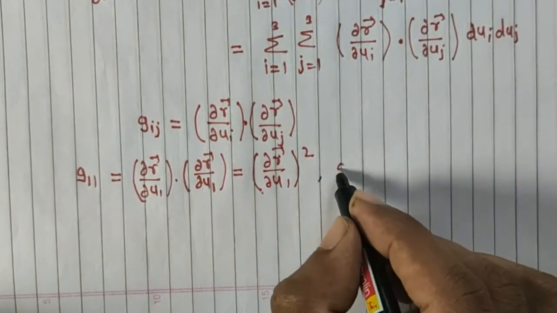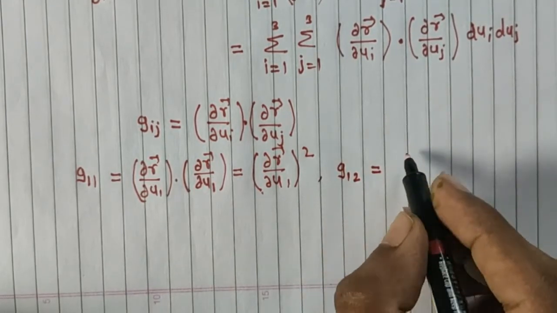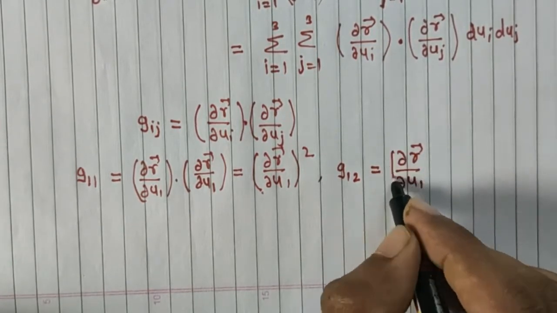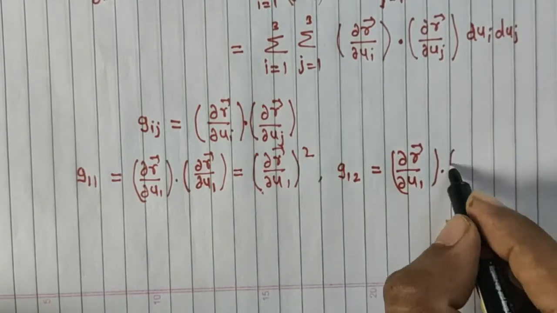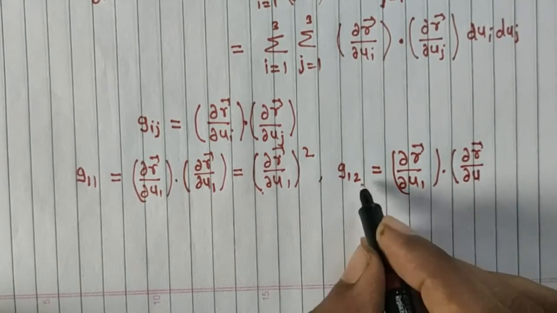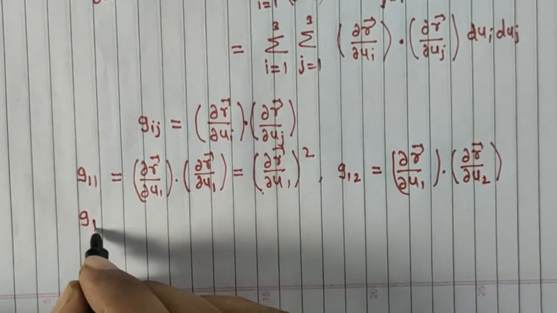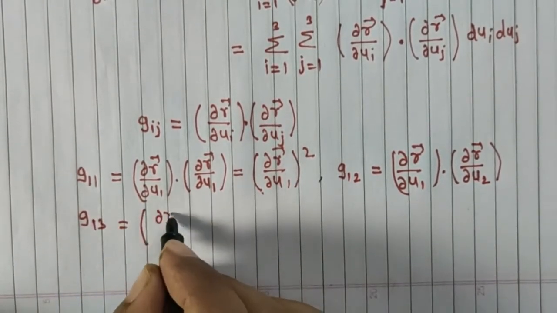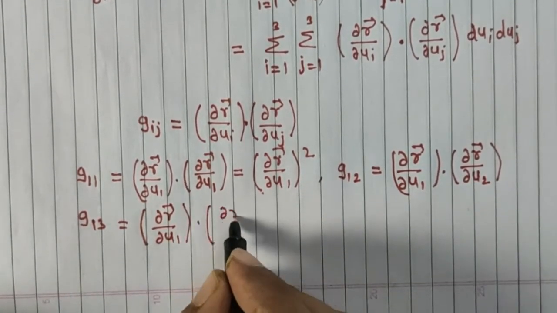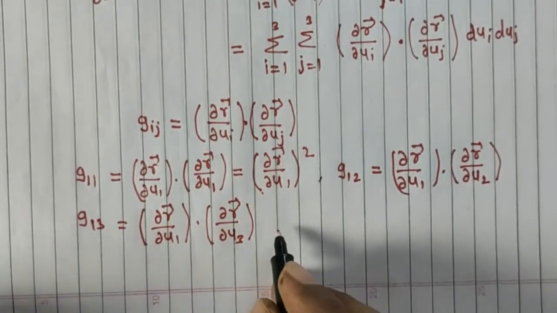Let's write the second term, that will be 1, 2: i is 1, j is 2. So that will be delta r bar by delta u1 dot delta r bar by delta u2. Similarly, we will write the third term 1, 3, which will be delta r bar by delta u1 dot delta r bar by delta u3, because j is 3. So I can similarly write the other terms.